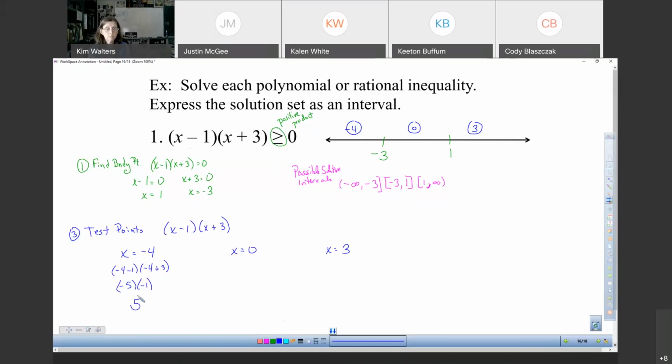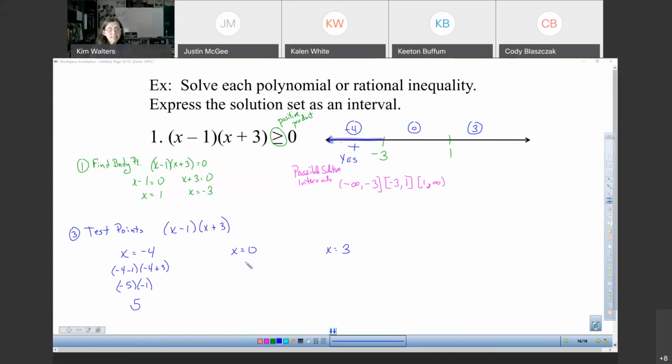Stop right now. Is +5 a positive product? The answer is yes, it is. And you can even put a little positive sign here. This part of my number line is going to be part of my solution. If you want to shade it, that's great. Let's shade it. Let's say we're going to use everything in here, because it gave me a positive number.